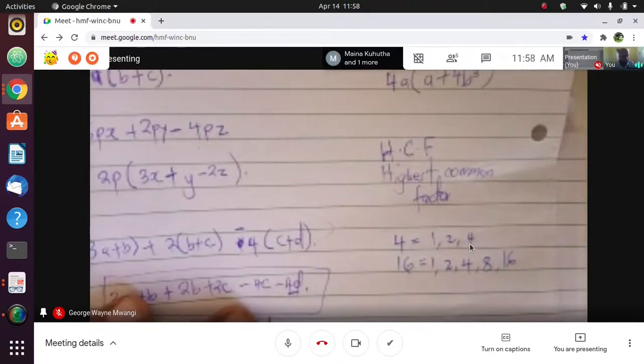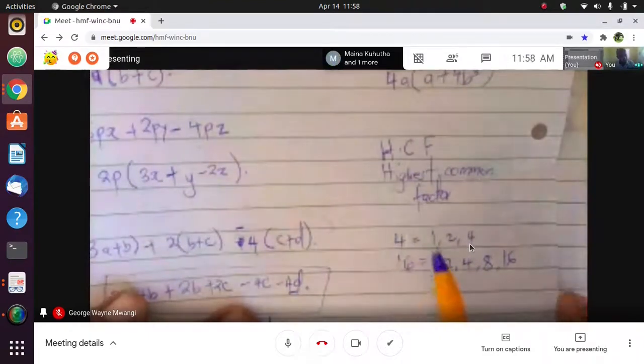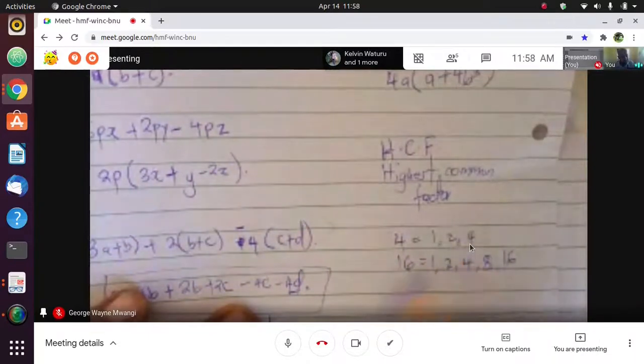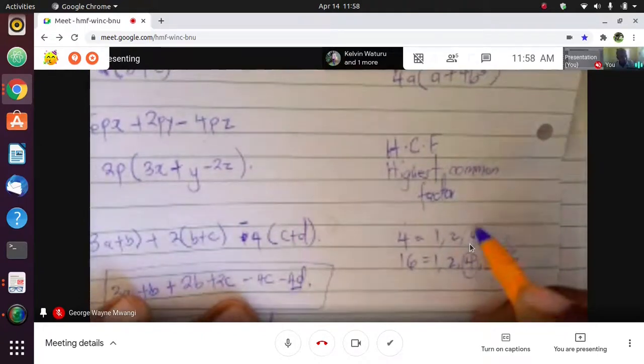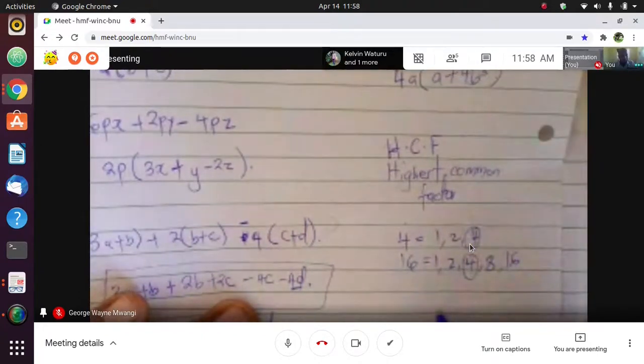Which number in these two is common and it is the highest? 4, si ndio? Yeah? That is what we call highest common factor.